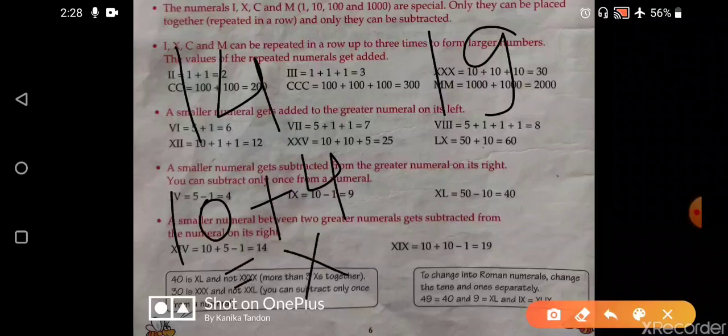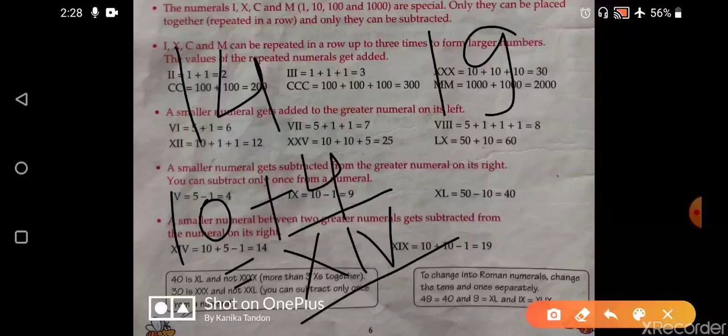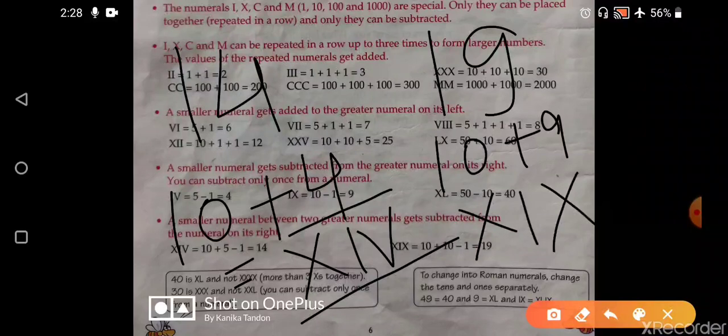So 10 is written as X and 4 is written as IV. Is it easy? Yes. And how do we write 19? 10 plus 9. So 10 is written as X and 9 is written as IX. Is it easy? These were the rules that you have to follow.